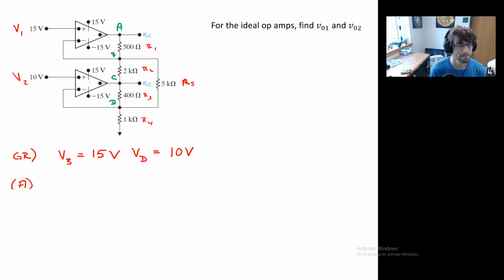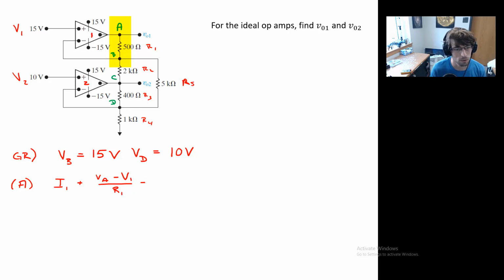For A, I'll call it I1 going into op amp 1. I'll call this upper one 1 and this bottom one 2. And what else do I have? I have VA minus V1 over R1. This goes against exactly what I said I was going to do. I said I was going to work in terms of variables, and then I started writing in my numbers.